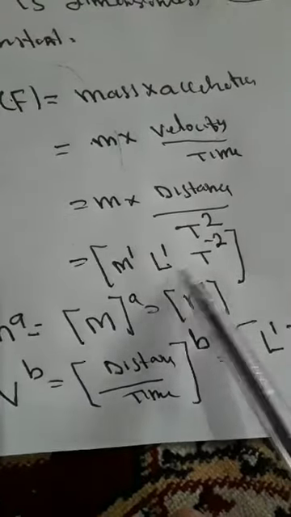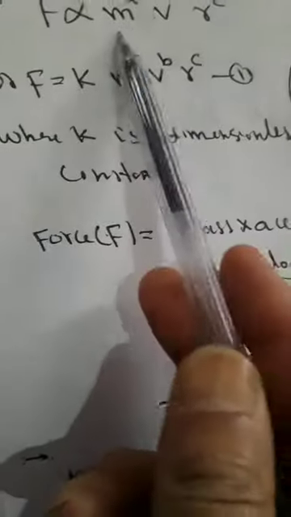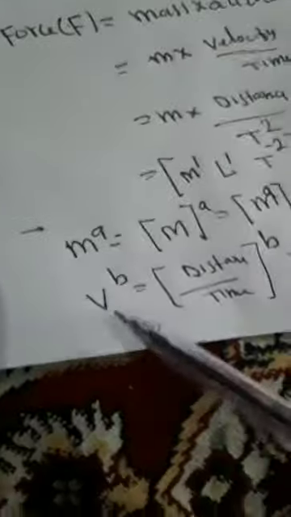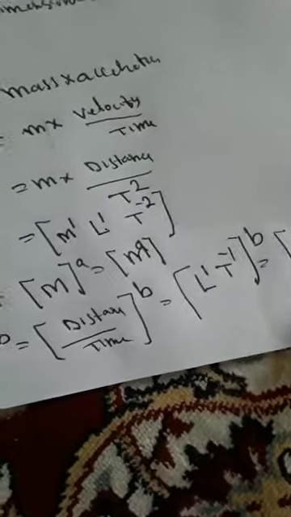Ultimately we get M^1 L^1 T^-2. Now we go to the right hand side. Mass raised power a, mass is 1, so M^a. Velocity is distance by time, so L^b T^-b. And r to the power c becomes L^c.